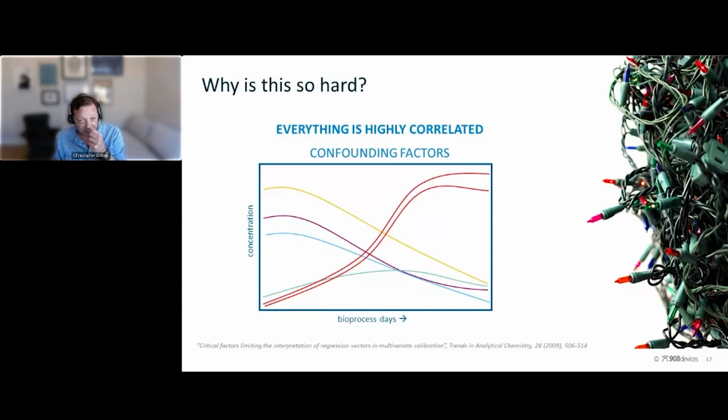When things go down, other things go down. And the tools that are generally used to develop these multivariate models have a very difficult time deconvolving those confounding factors. Like in my image on the right-hand side, it's quite a tangled mess of confounding factors, and it takes a lot of data to ensure that you've broken or deconvolved a lot of those confounding factors.